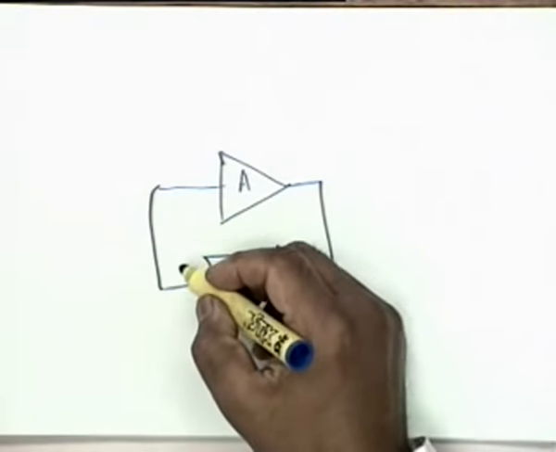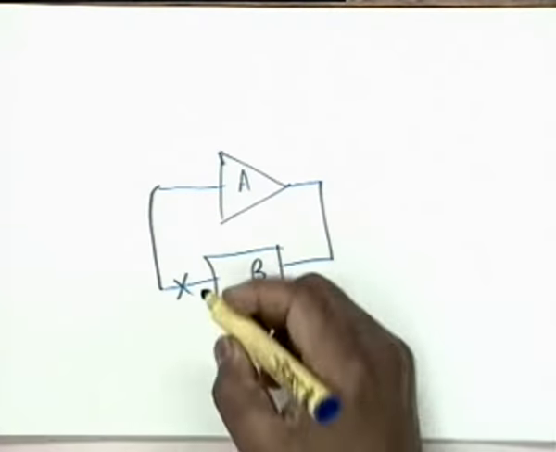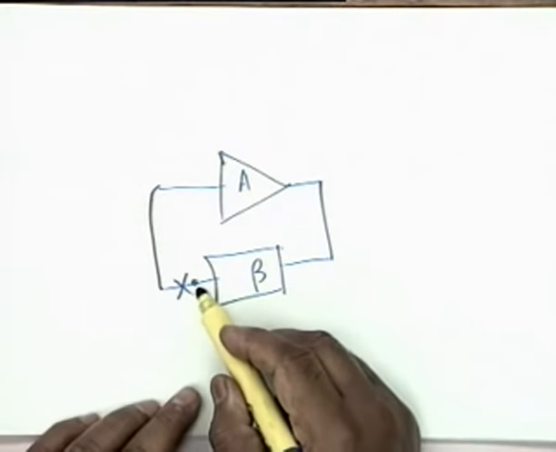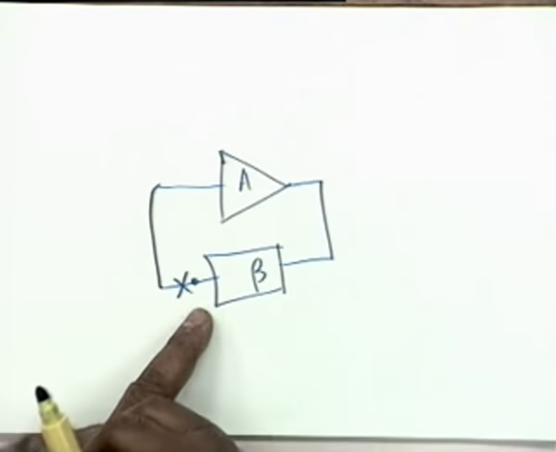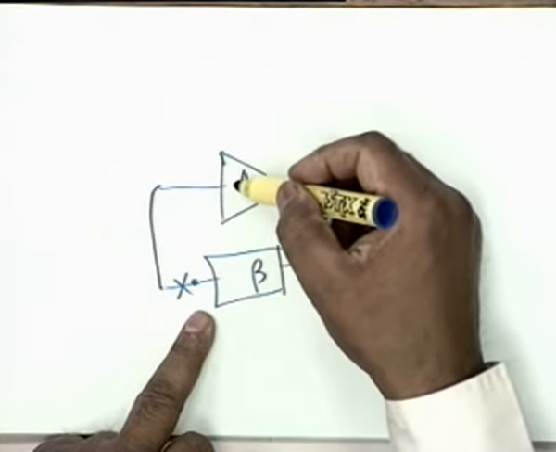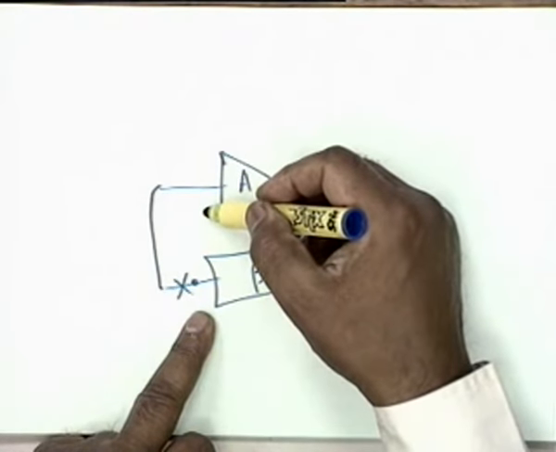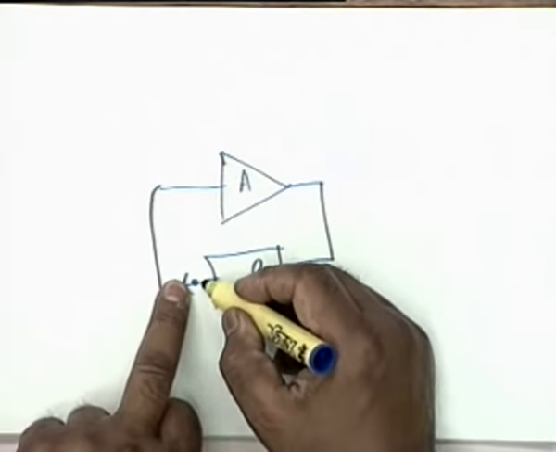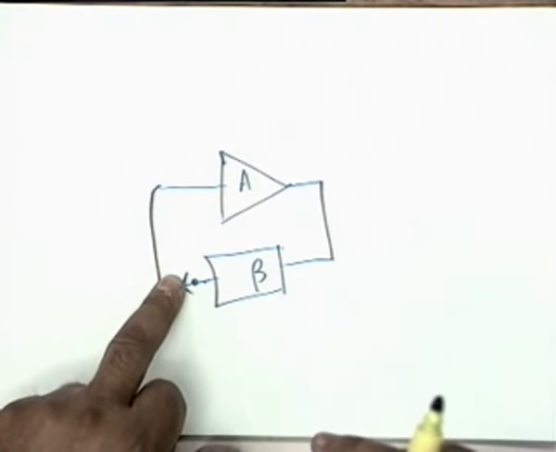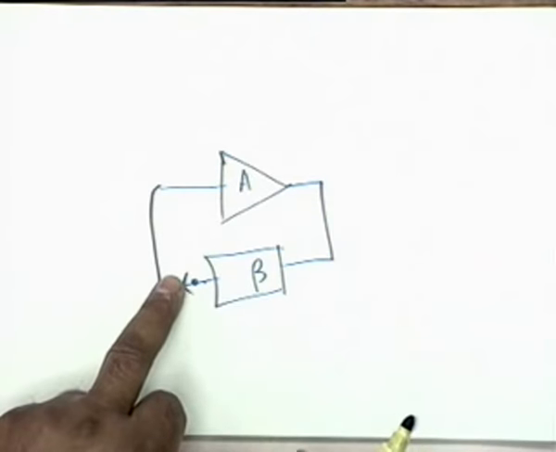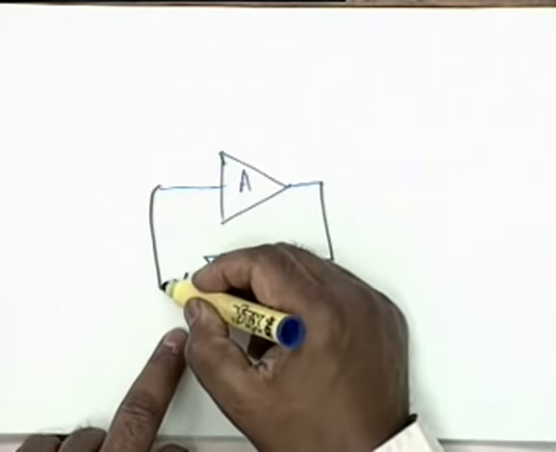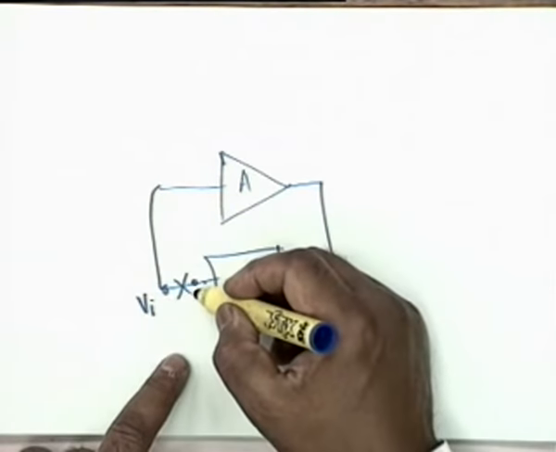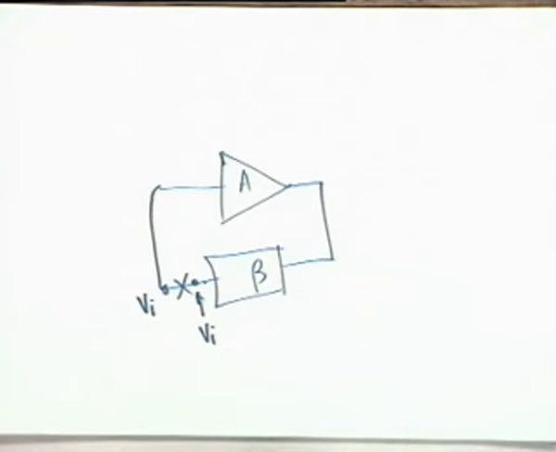If the loop is closed, you open it somewhere, but take care that in this opening the beta network faces what it was facing in the closed loop. That is, if the amplifier has a finite input impedance, after opening the loop, put this input impedance here. Is the point clear? That's all that you have to do. Then you analyze the circuit, apply a Vi here and find out the condition under which this is also Vi.